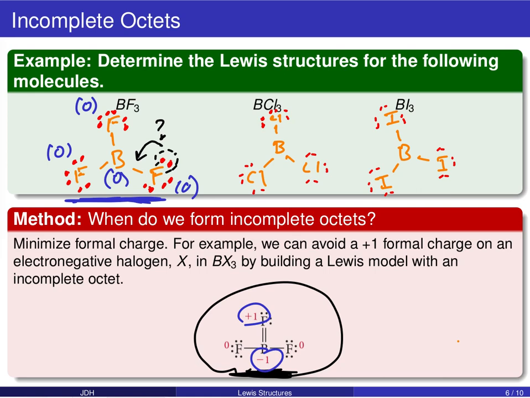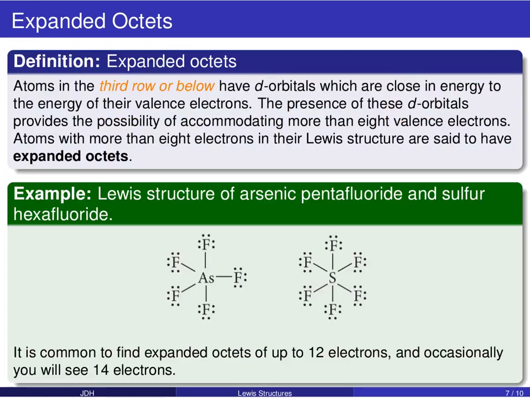Now, our third and final example is this idea of expanded octets. And as you might guess, what we're going to be looking at is situations where you have more than 8 electrons around that central atom. It turns out that if you look at atoms in the third row or below, and you go back to our electron energy diagrams from previous lectures, we'll see that once you go to that third row or below, you end up with d orbitals.